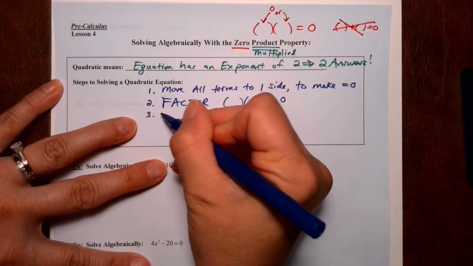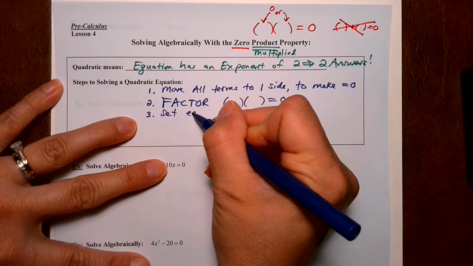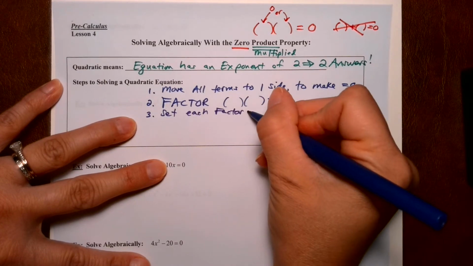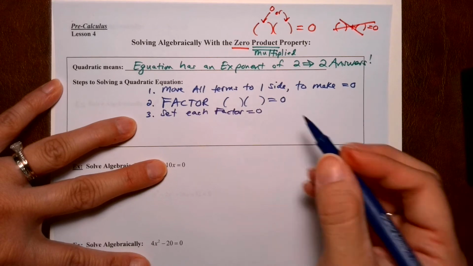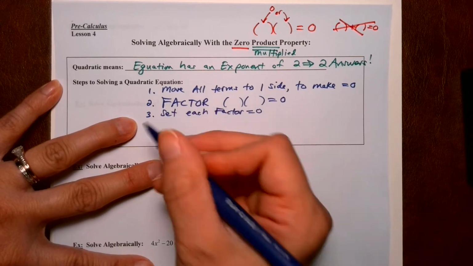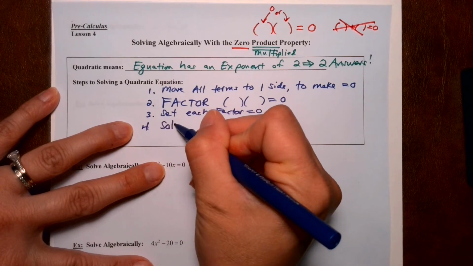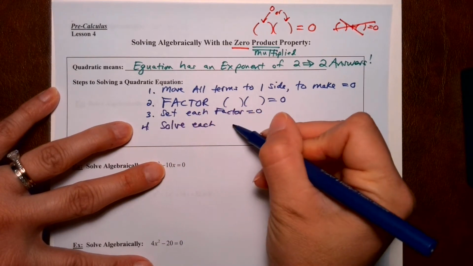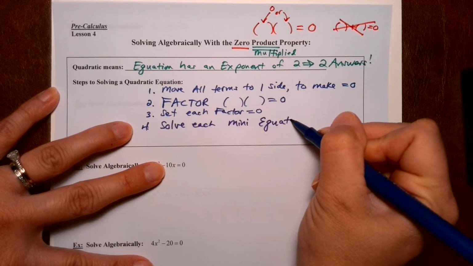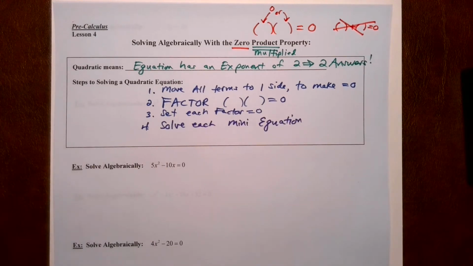Step 3, set each factor equal to 0. If you have two factors, then you have something equals 0, something equals 0. And then solve each mini equation.